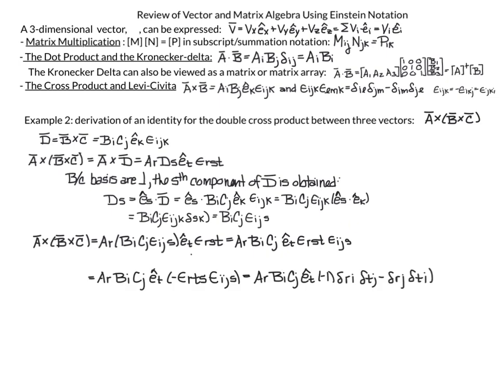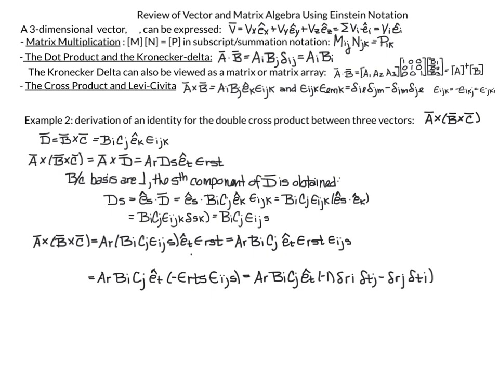So for this, we're going to keep this as IJS, but we want to switch these indices around so S is at the end. So when we switch the S and the T, we need to introduce a negative sign. So this is the negative, which comes over here. And then now we have the common index, so we can use this property here.